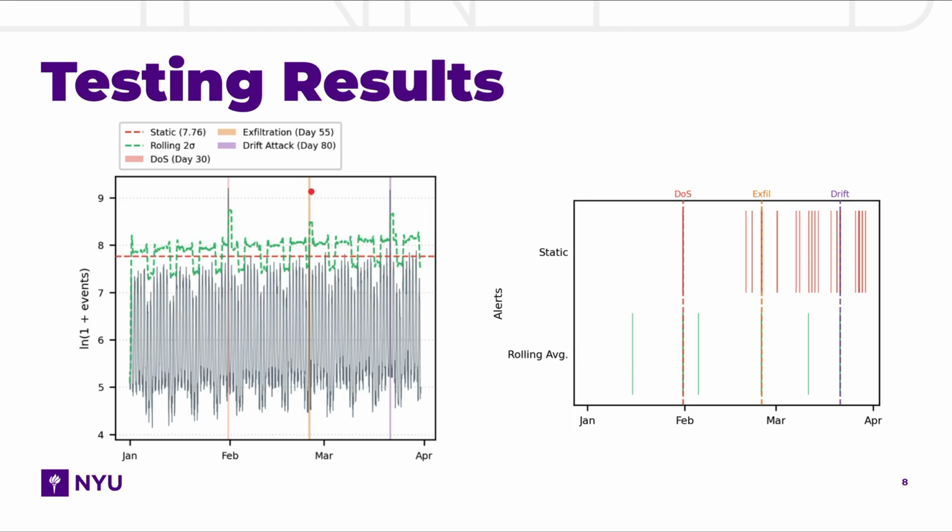But the more important thing is that on the static threshold, we can see that since the volume of logs is increasing over this 90-day period, we start to get a lot of false positives outside of the attack periods, near this drift attack.